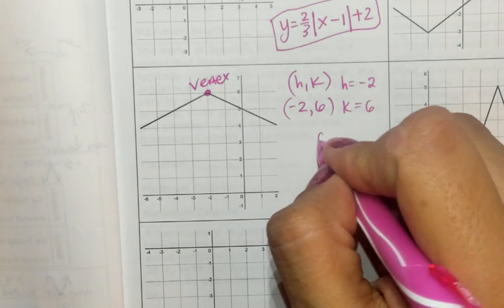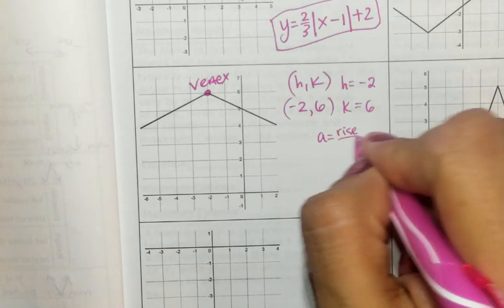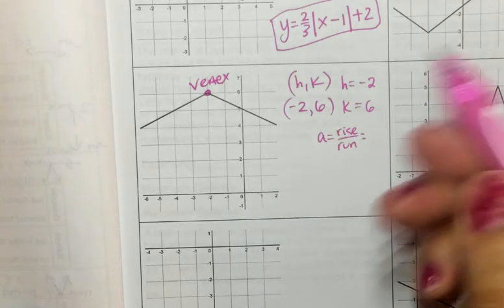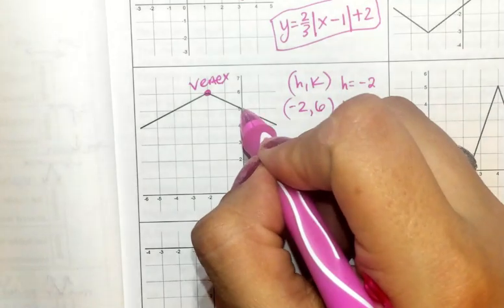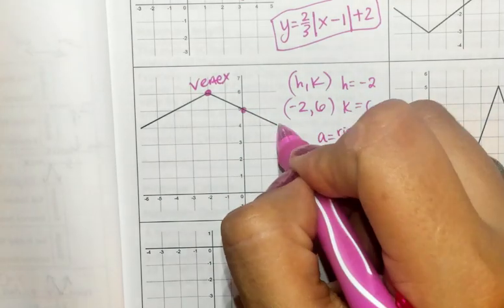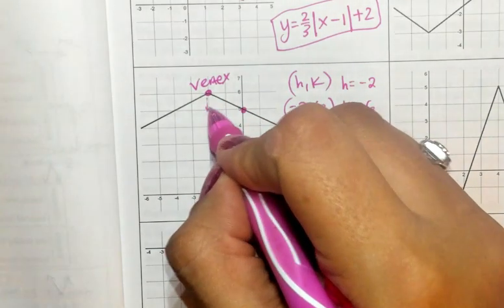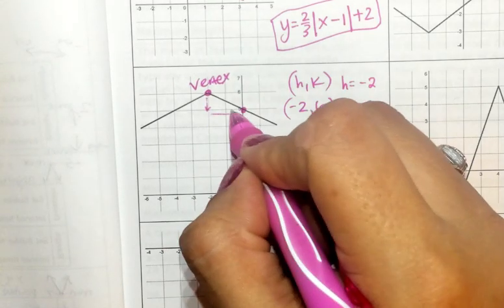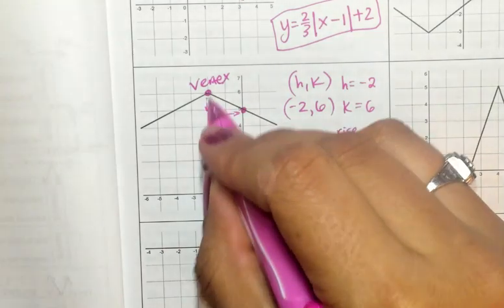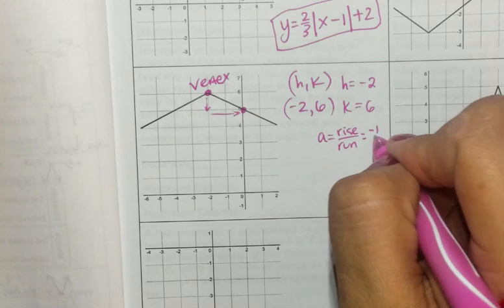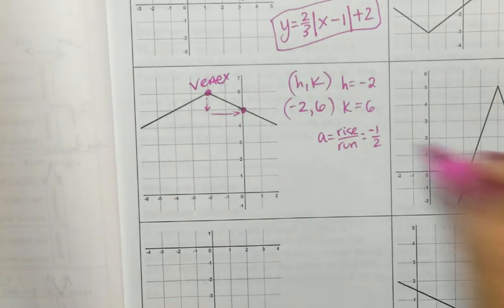Now to identify the a value, we're going to do rise over run. From one point to another, it looks like it's touching 1 here, down 1 and 2 across. Because we're going down, we're going to have a -1 and 2 across.